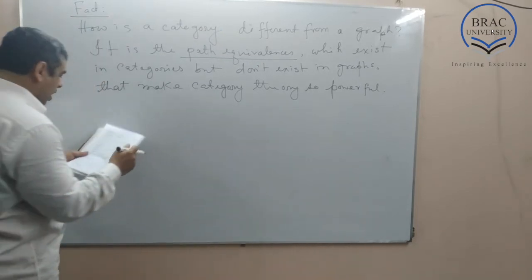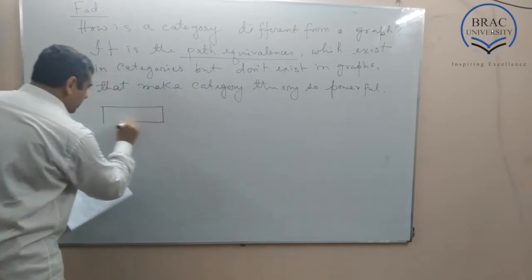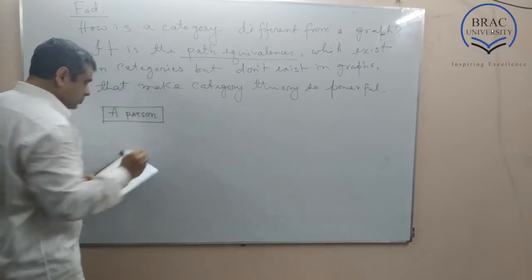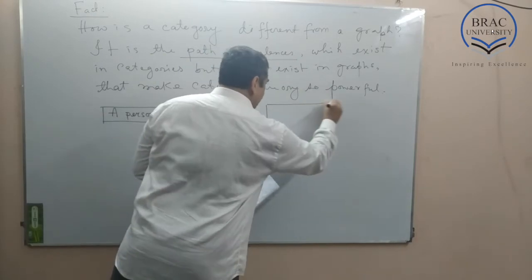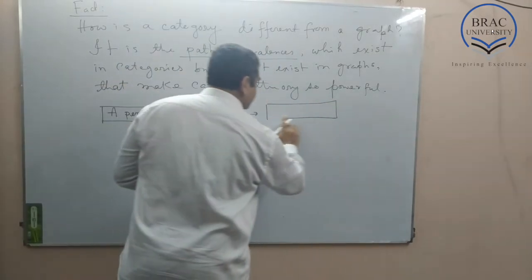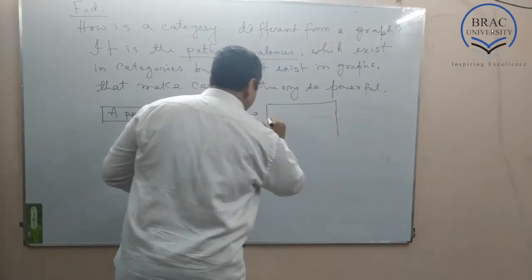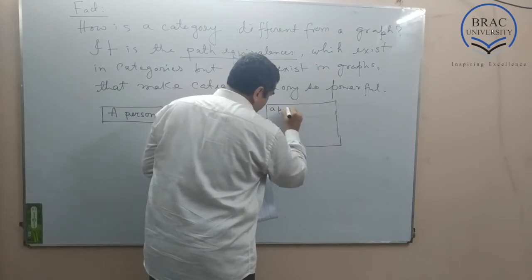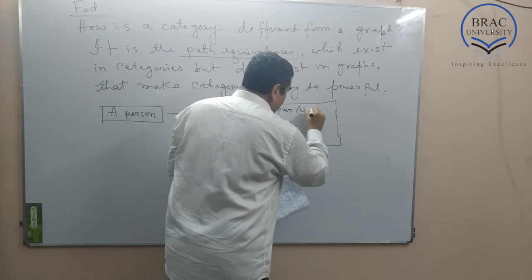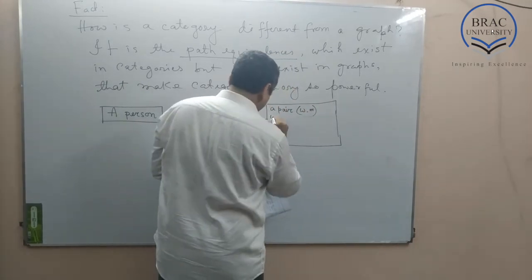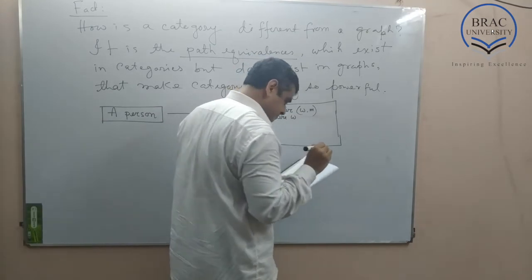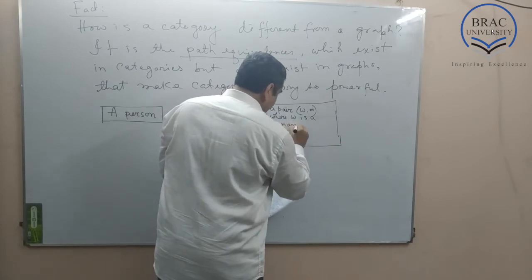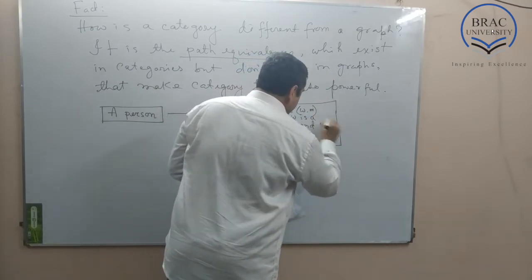Consider the following Olog, where it starts from a type, the person, and goes to another type, up here W, M, where W is a woman and M is a man.